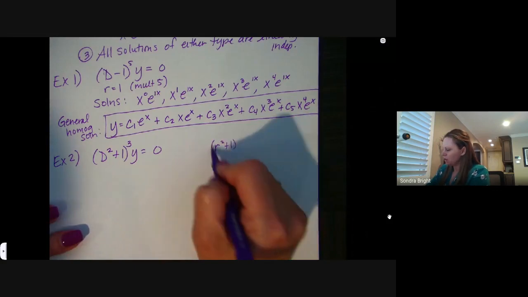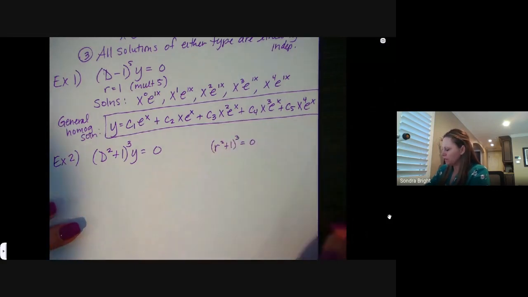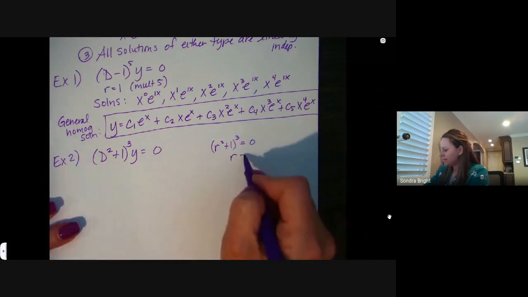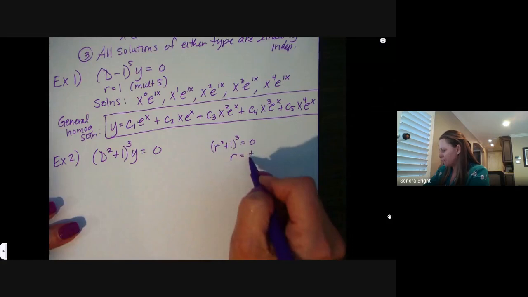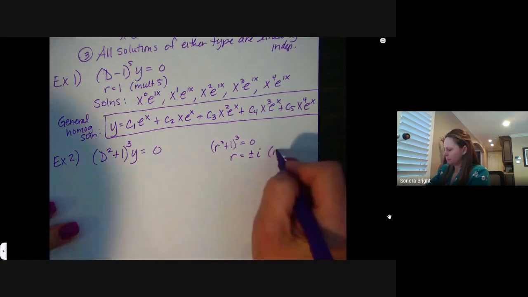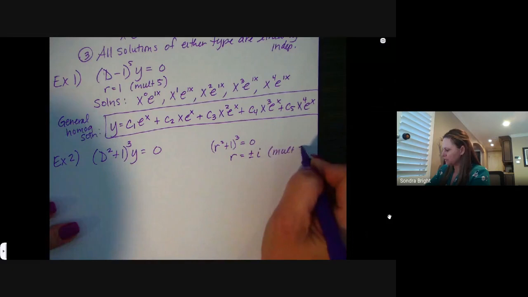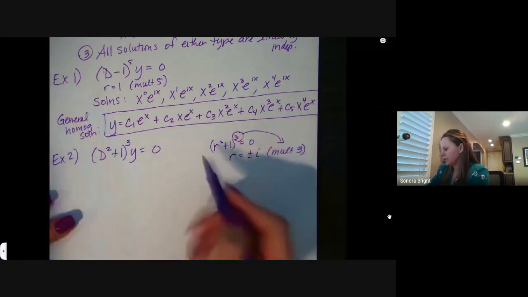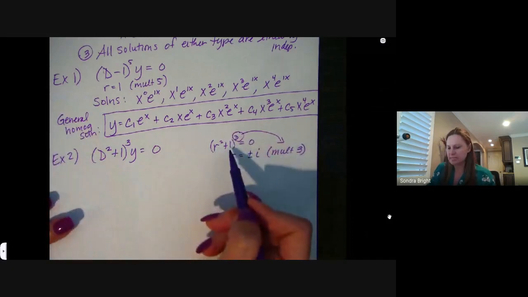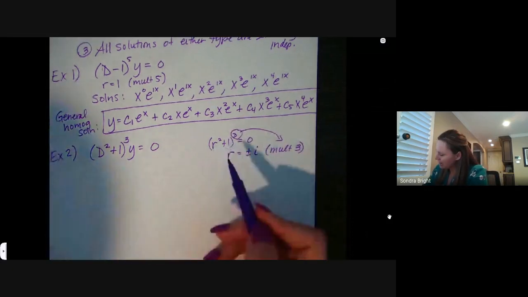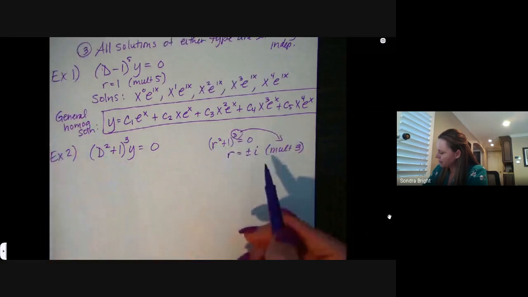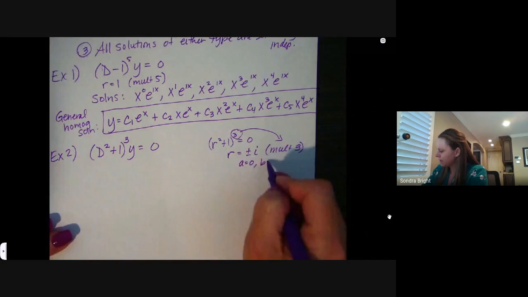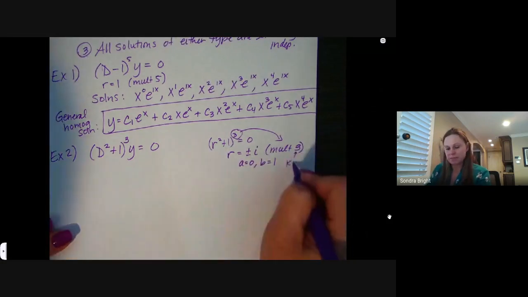So r squared plus 1 equals 0 gives that r is equal to plus or minus i, but we have a multiplicity of 3 coming from the exponent. Subtract the 1, take the square root, you get plus or minus i. So for plus or minus i, your a is 0, your b is 1, and from here your k is 3, because that's the multiplicity.